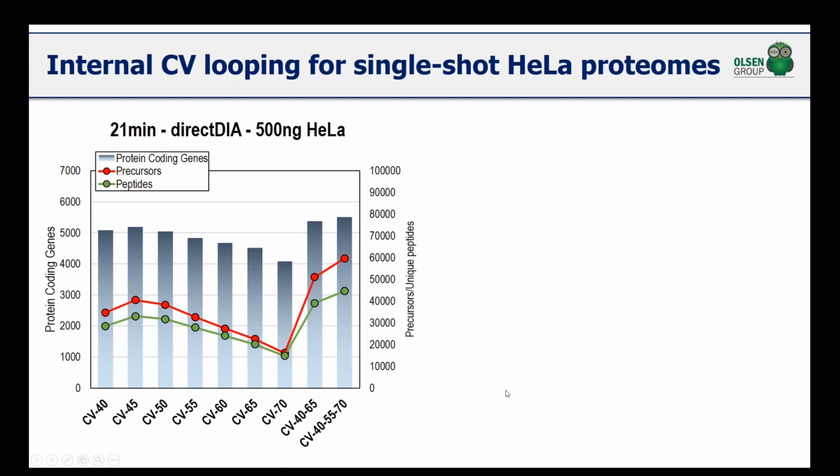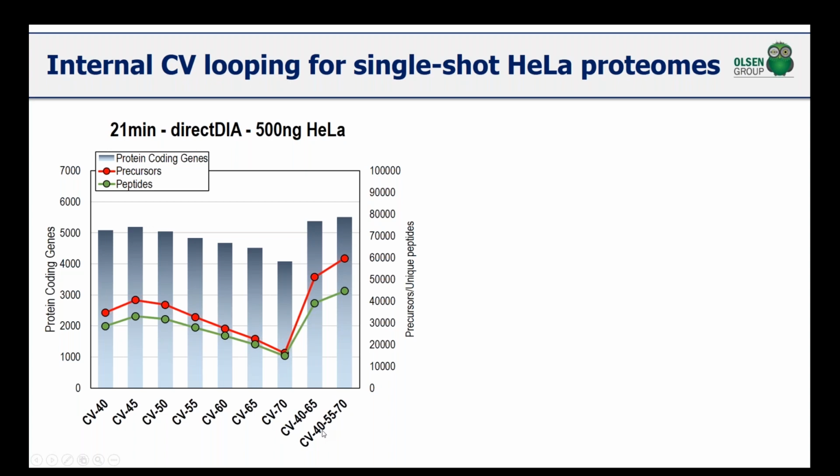But surprisingly, it actually seems to work really well now with the new Spectronaut version that is able to handle these multiple CVs in the same file, to an extent where we're able to increase the number of proteins, precursors, and peptides using a combination of 3 different CVs.